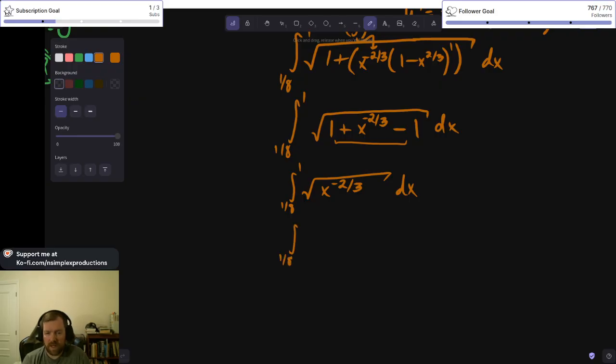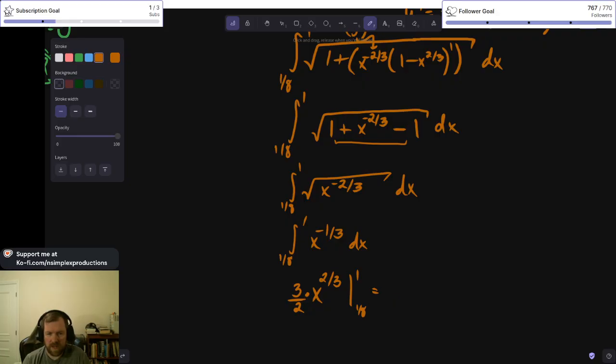That's going to make it 1/8 to 1 of the square root of x to the negative 2/3, which is going to be x to the negative 1/3. When we take the integral, this is going to become x to the positive 2/3 multiplied by the reciprocal of the new exponent, so 3/2, taken from 1/8 to 1.